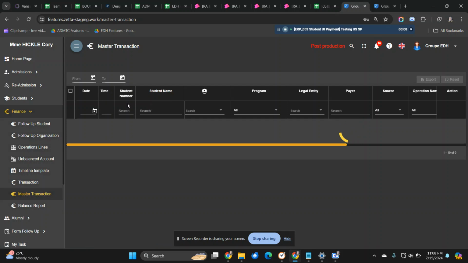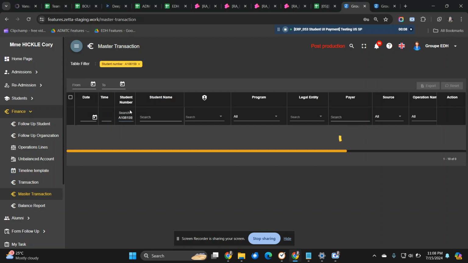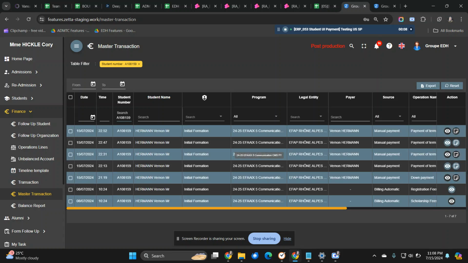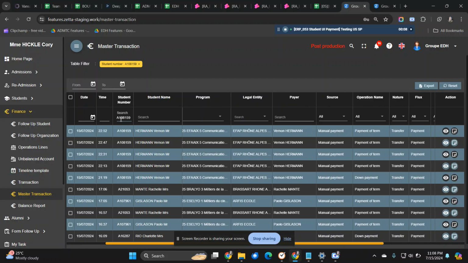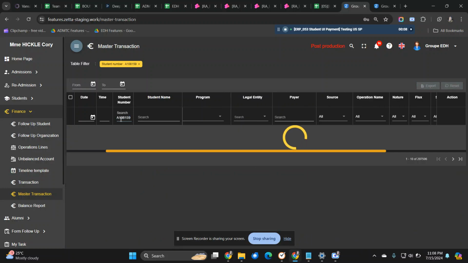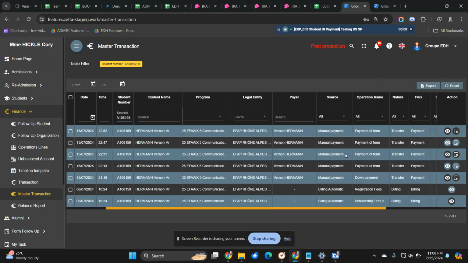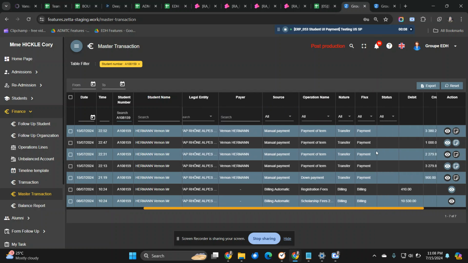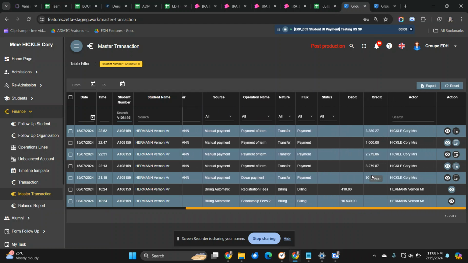I want to check in the master transaction also. Okay, here. It also does not display the amount of the partially paid in here.